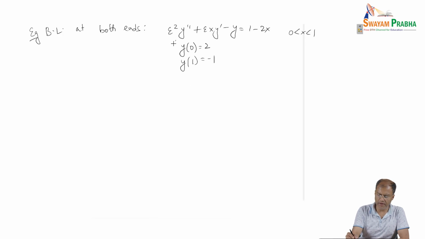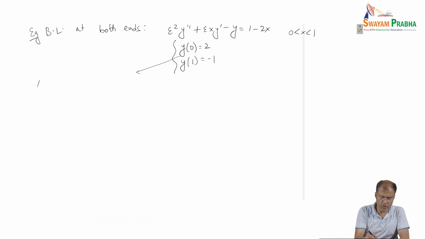And then we have that the outer solution, again we are going to assume, so this is a problem with boundary layer at both ends. Because suppose we assume that there is no boundary layer at one of the ends, let us see what happens.